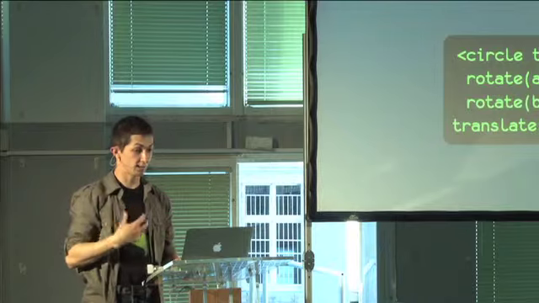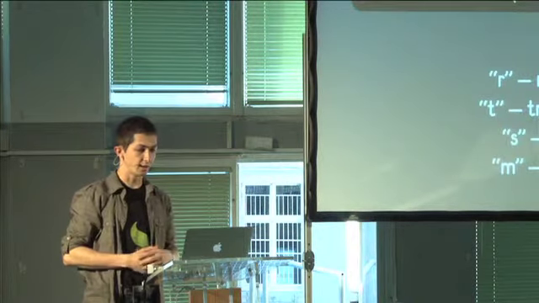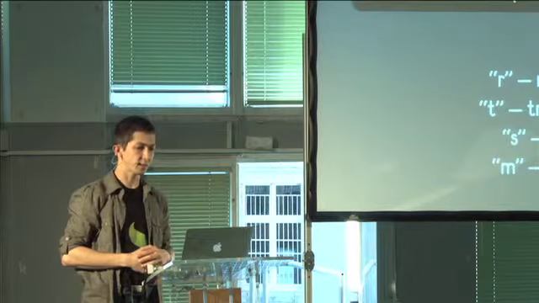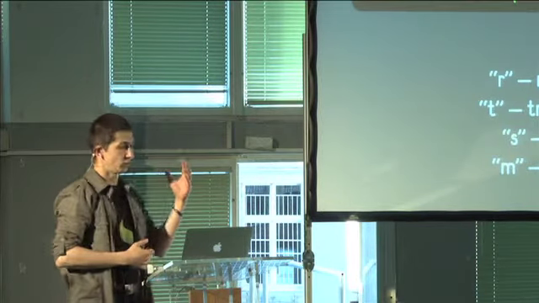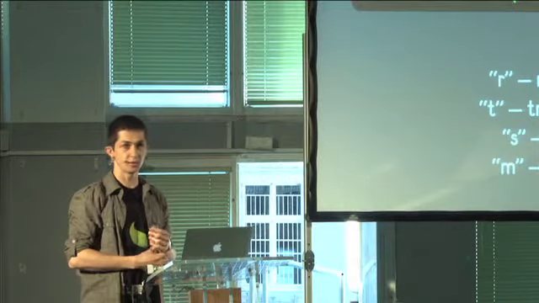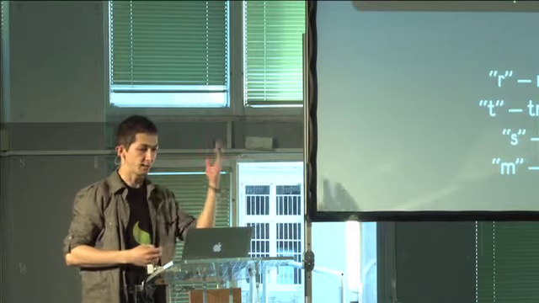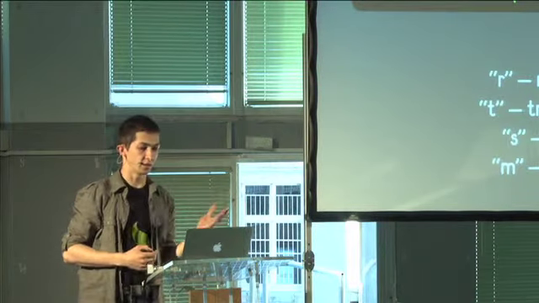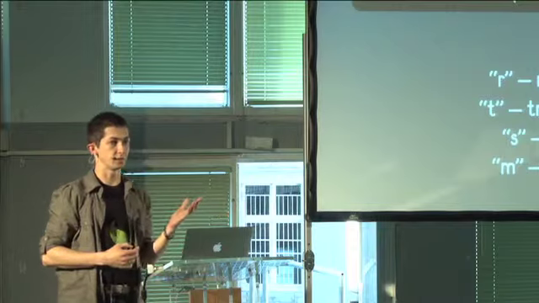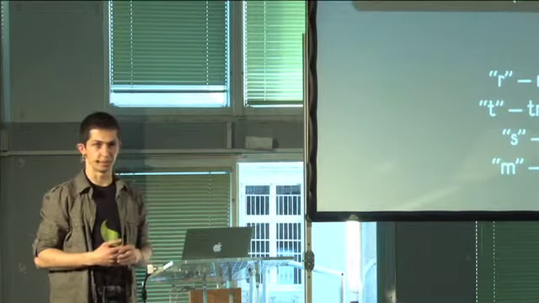And I decided that it would be in the spirit of SVG to follow the same pattern for transformation, and that's how this API appears. So you give a string. In the string, each letter represents a command, and numbers represent the values you pass to the command. So for example, the first line you could read like: rotate 30 degrees around 100, 120, then rotate minus 45 degrees around 60, 110.